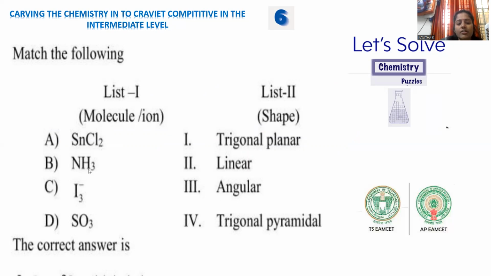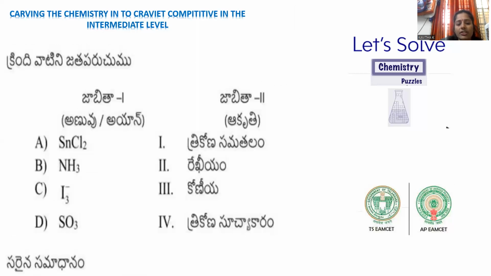Next, NH3: its actual geometry is tetrahedral. If you exclude that lone pair, trigonal pyramidal will be there. I3 minus is the linear one. SO3, sulfur trioxide, is trigonal planar. sp2 hybridization will be there. Let's see how to get their Lewis structures.